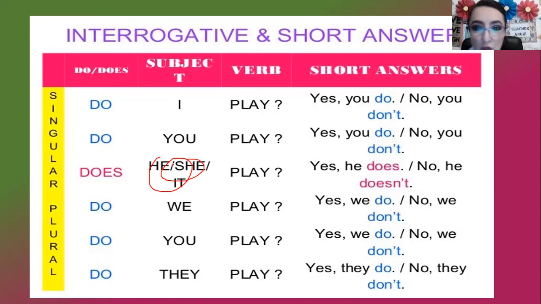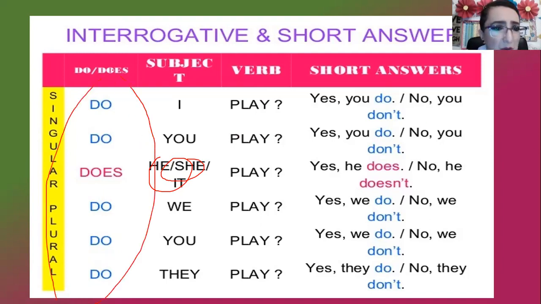Okay, so here we go. What questions do we have? Well, do I play? Remember, this is going to be my auxiliary. This is how we talk about auxiliaries: do and does for questions. As we don't have the first question mark in English, only the last one, we have do as an auxiliary, not as a question mark.